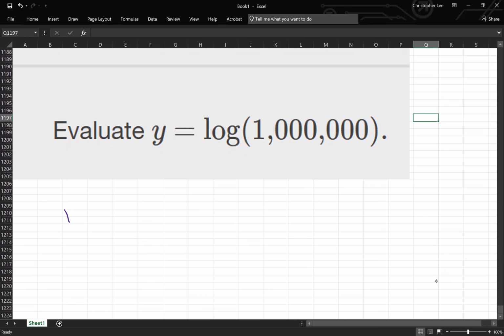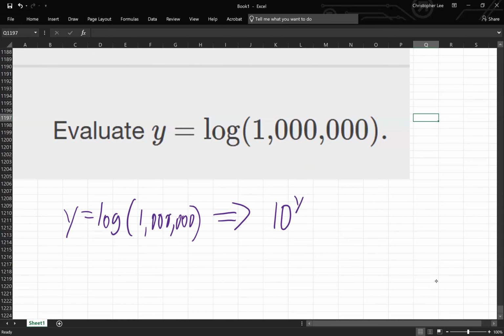So y equals log of 1 million. It means 10 raised to the y power is equal to 1 million. You could just count the zeros, so y equals 6. Not too bad.